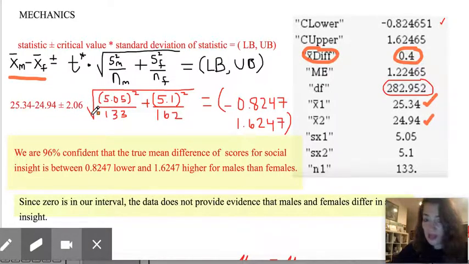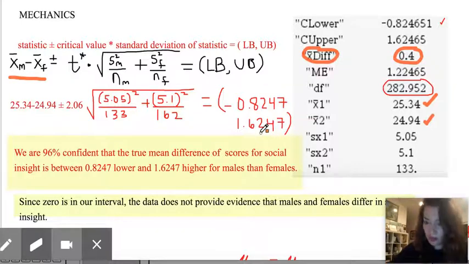For the standard deviation of the statistic, you need to look in your formula sheet, where you're given the standard deviation for 2 samples. That will be the square root of the first standard deviation squared over sample 1, which in this case was the males, plus the second standard deviation for the females squared over the sample size of females. That is equal to our lower bound, which is negative 0.8247. Upper bound is 1.6247.